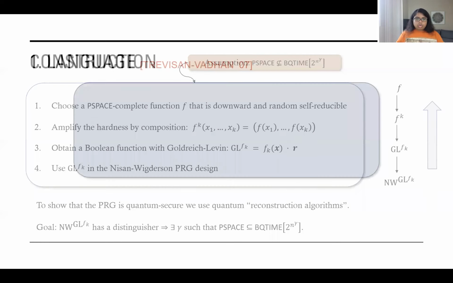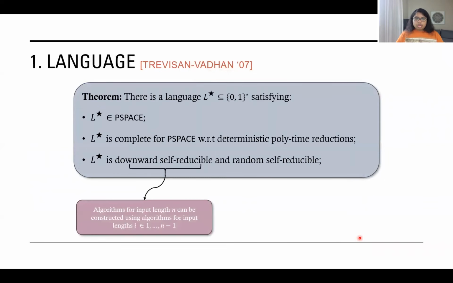And we can sort of go into the steps. So the language that you construct is from Trevisan and Vadhan's PSPACE-complete language L star. It's also complete with respect to polynomial time reductions, which is what we need. And the idea of being downward self-reducible, essentially think of it as, if I have to solve an algorithm for input length n, suppose I know how to solve it for smaller inputs, then there's a very nice recipe where I can use all of those to build my algorithm to solve it for input length n.